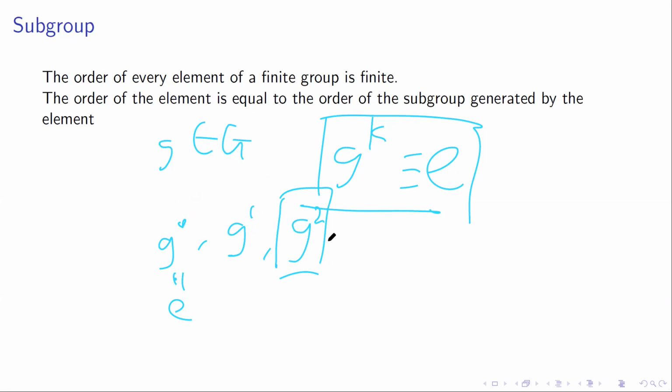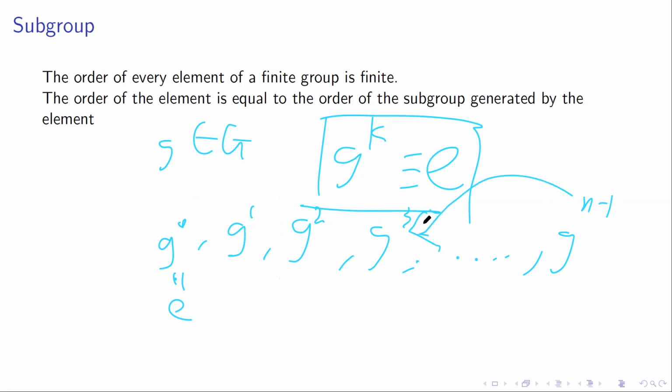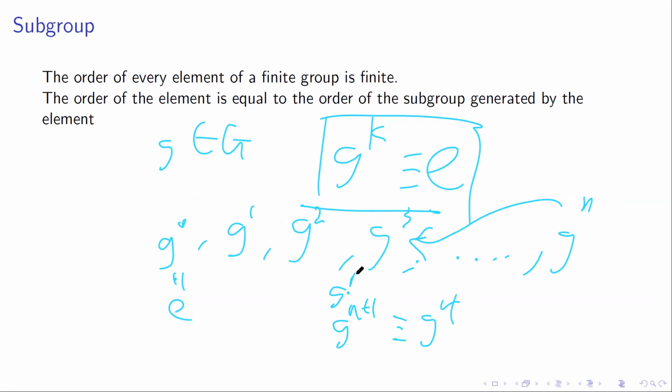Once I find an element g^n that is equal to, let's say, g^3, then g^(n+1) is basically just g^4.